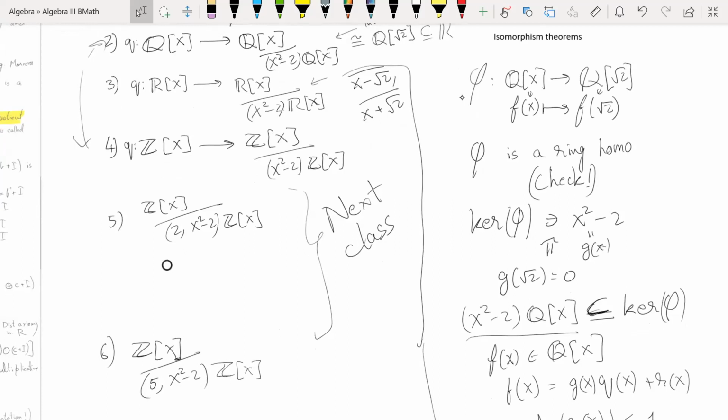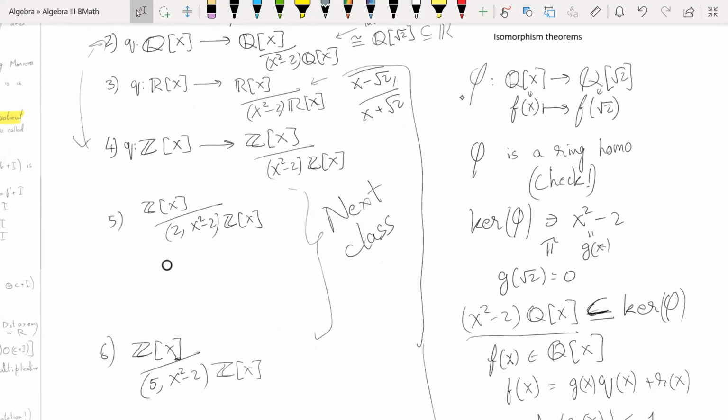Given some polynomials, you just look at the ideal generated by those polynomials, but you want to say when two ideals are the same and so on. So those things are not so easy to decide in ZX, but much easier to decide in QX. So ZX is a much more complicated ring than QX.